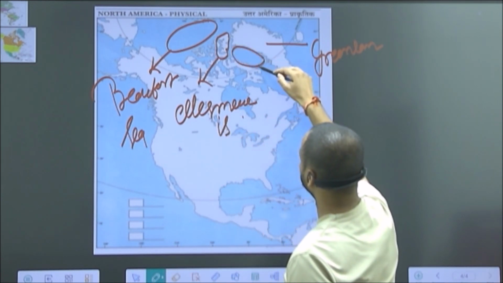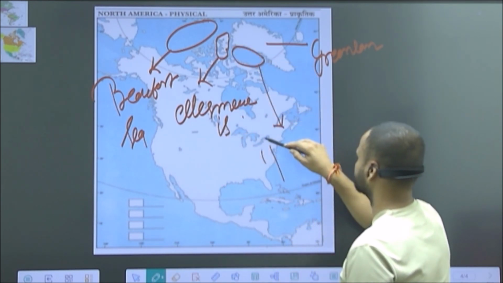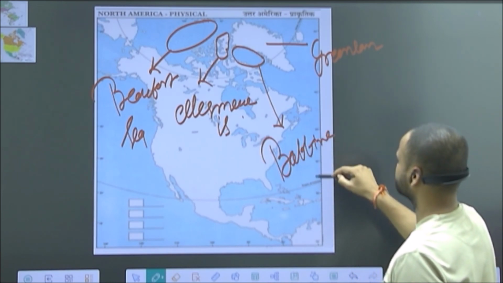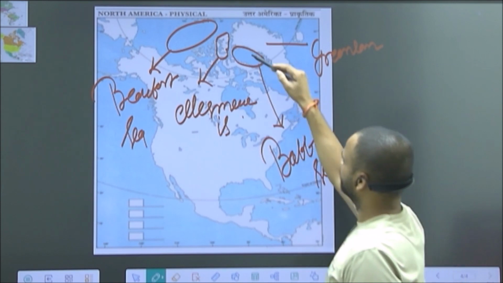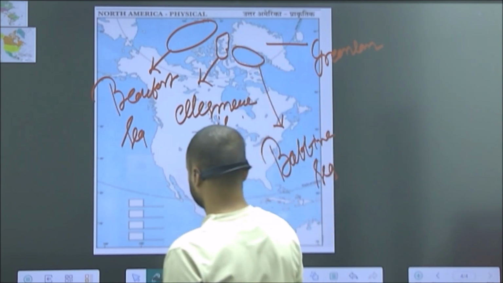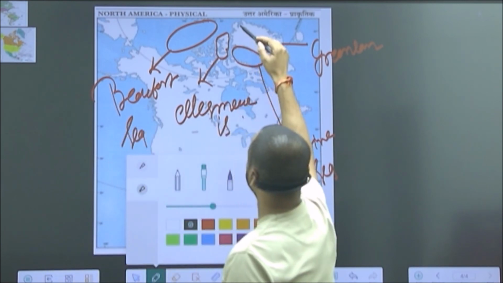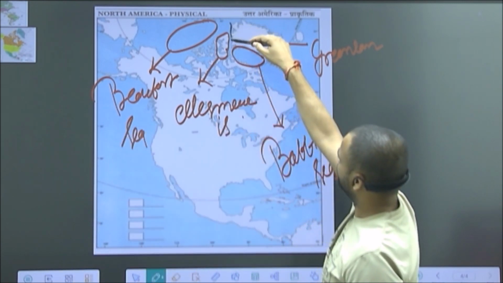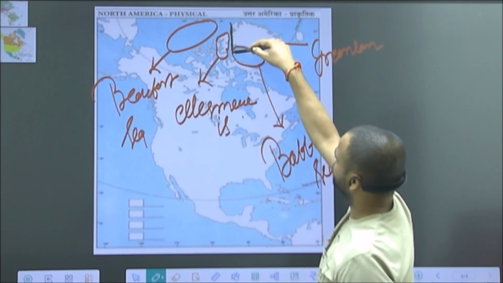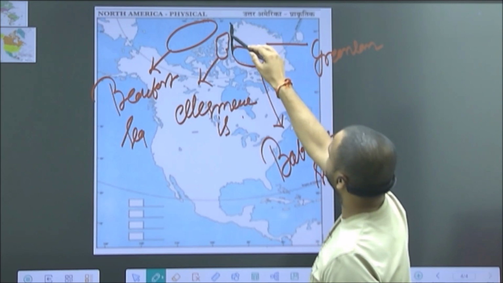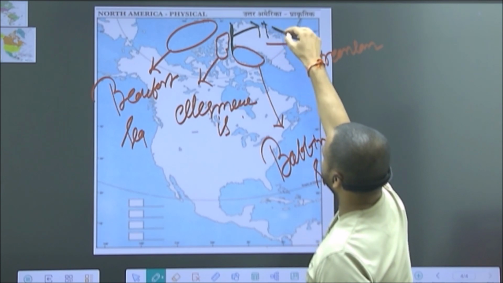This sea is known as Baffin Sea. Here you can see one water strait is situated, which is known as Nares Strait.